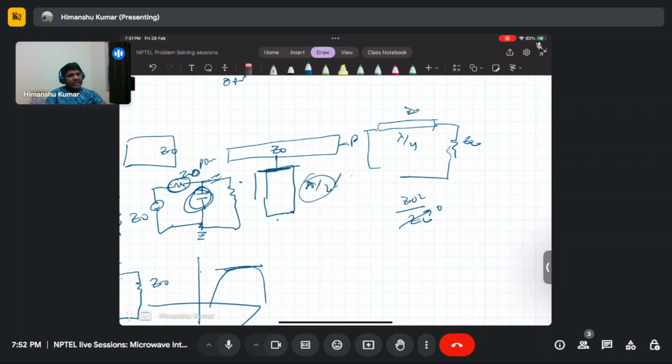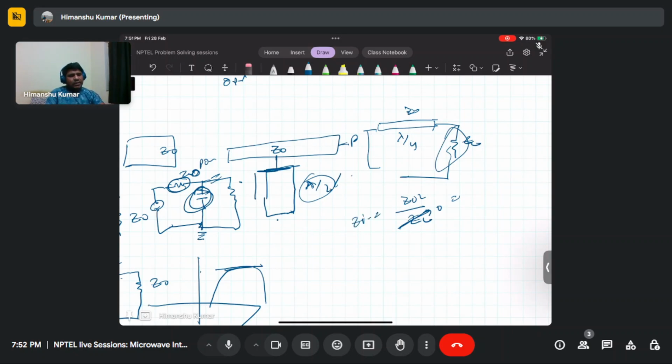So basically ZL, you can have ZL open or you can have ZL short. So let's say ZL is open. Open means infinite impedance, so basically that net impedance Zn will be equal to 0.